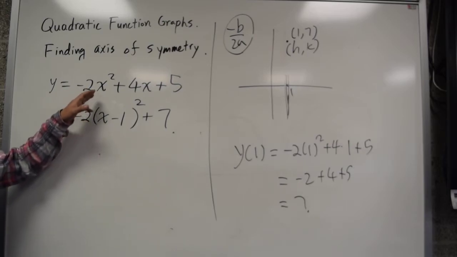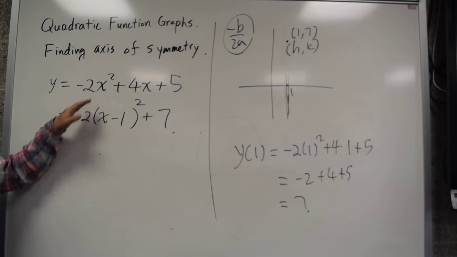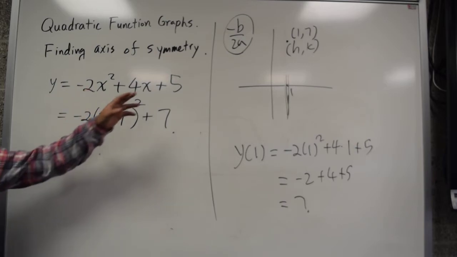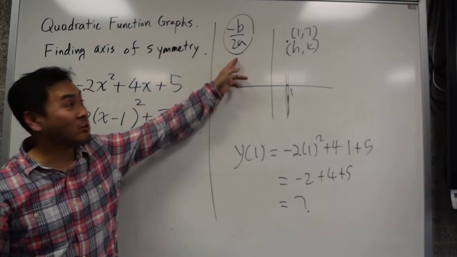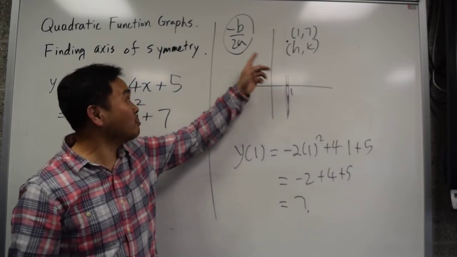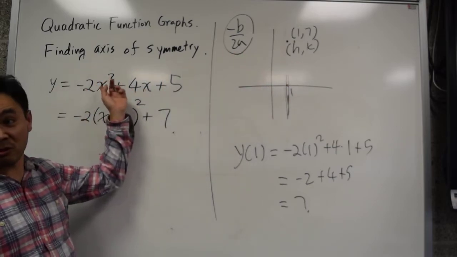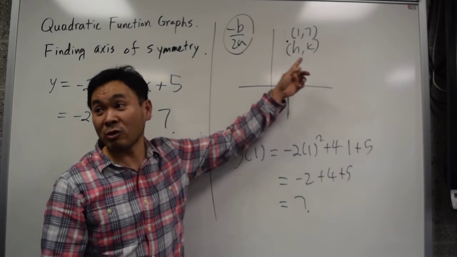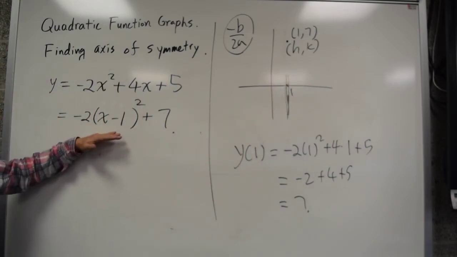Instead of straightforwardly doing the completing the square, we just use this formula to figure out the x coordinate, which is h, and then plugged that into this function, got the k, and once you have h and k, you have the completed square without doing any work. How nice is that? It's pretty awesome, right?